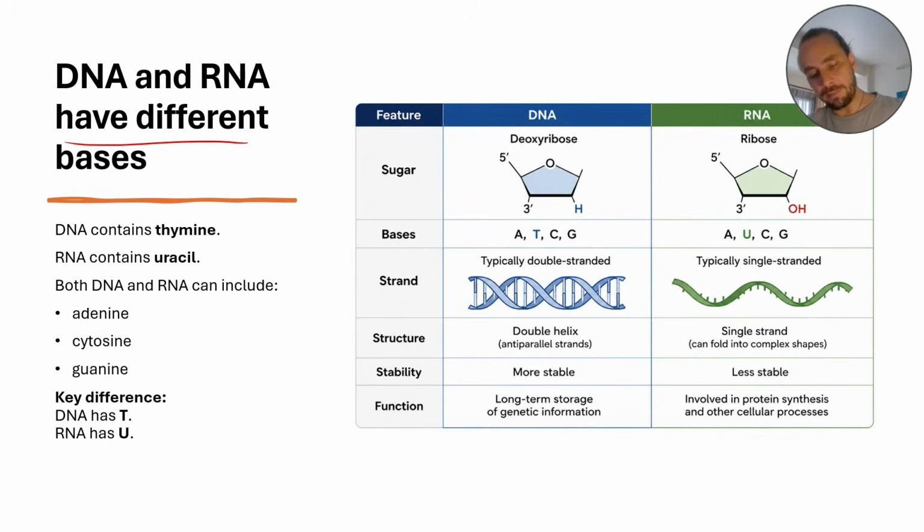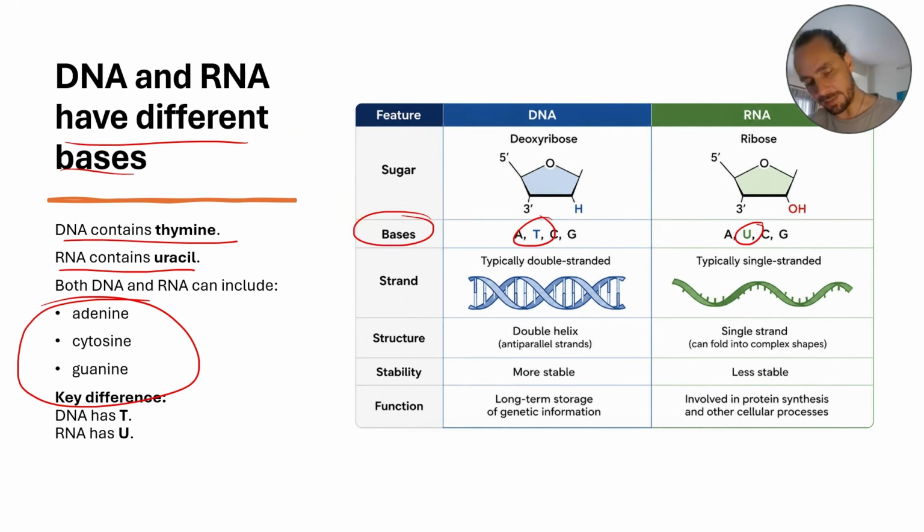DNA and RNA have different bases. I think we covered that in enough detail now. So DNA contains thymine, RNA contains uracil. That is different. And both of them have adenine, cytosine, and guanine. They only have that one difference in the nitrogenous base.